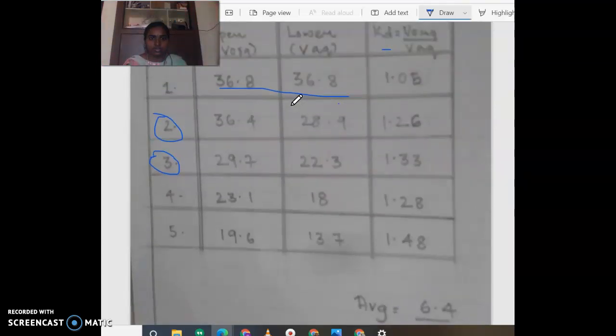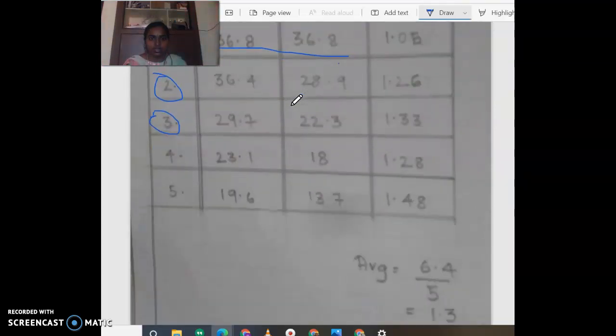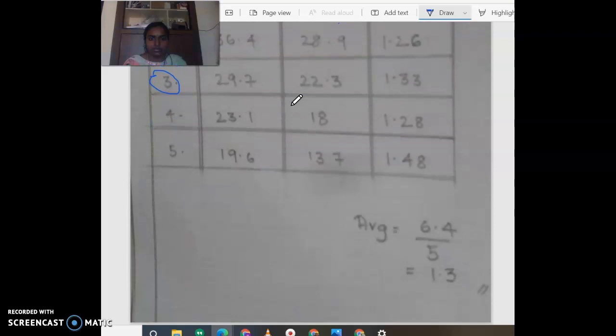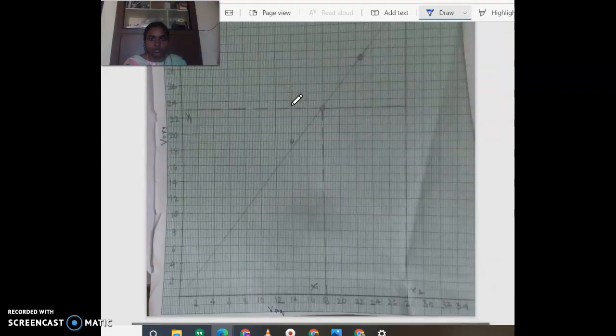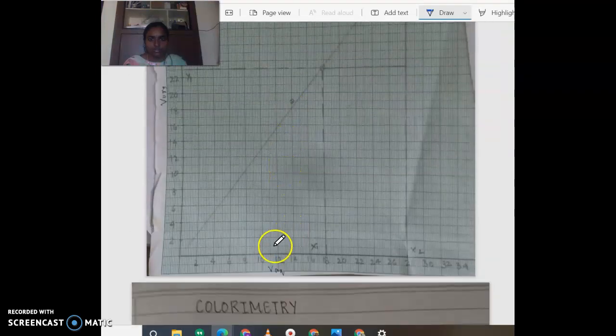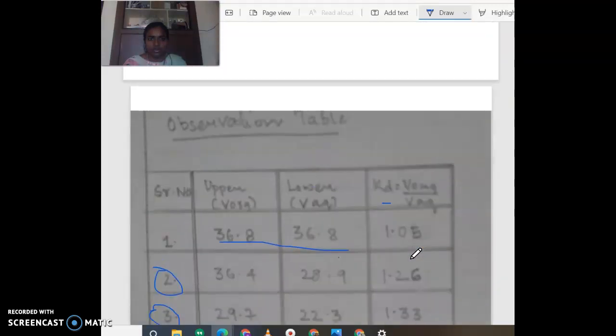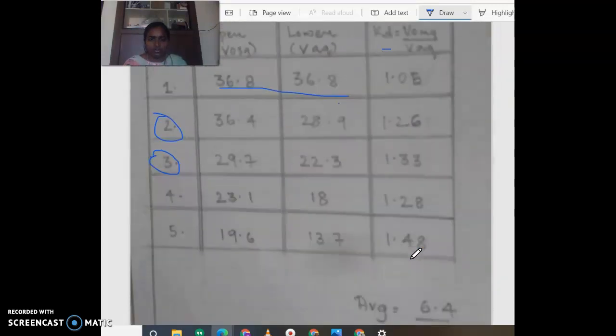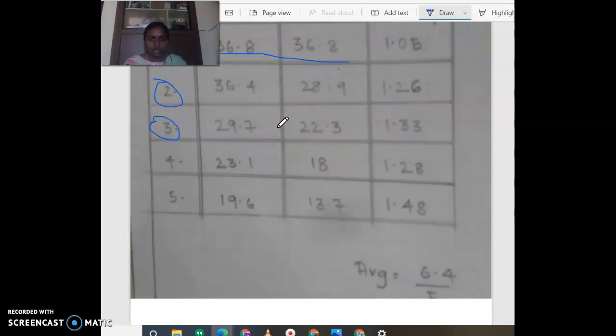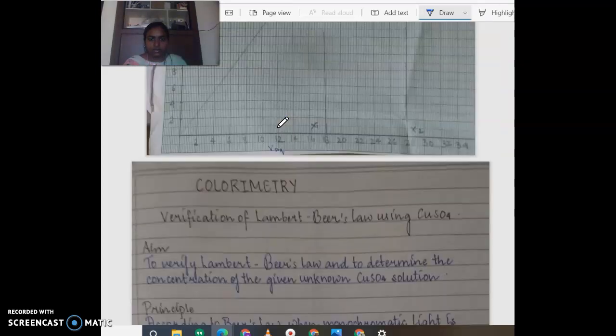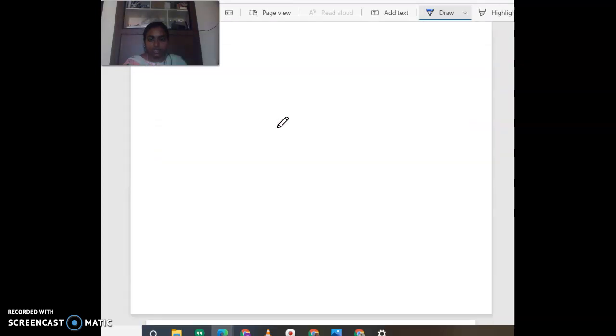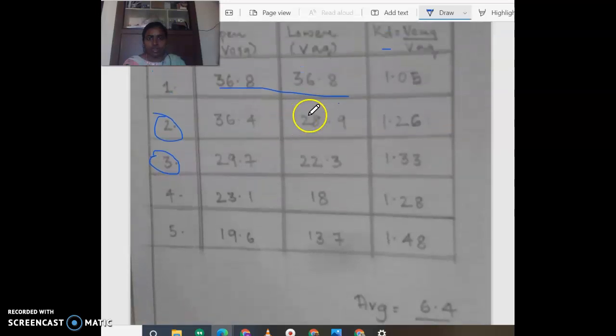For 36.4 to 28.9 on the x-axis, V aqueous, first I'll select this point.